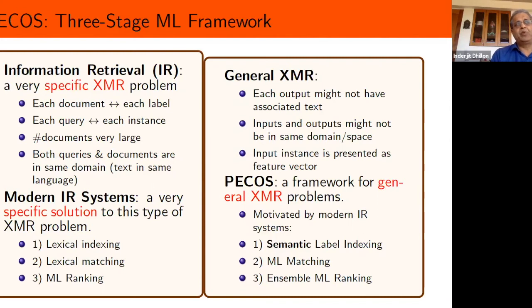So in PECOS, we want to do the following. We have a very, very large output space, and given a particular input, we want to very quickly identify a very small set of relevant labels. And then we can do something which is more expensive. So we were inspired by the field of information retrieval.